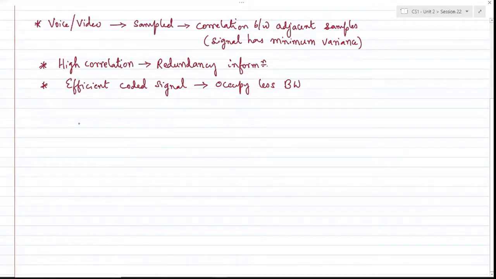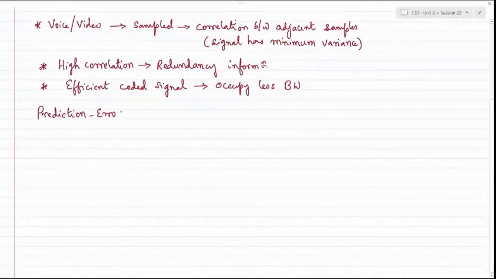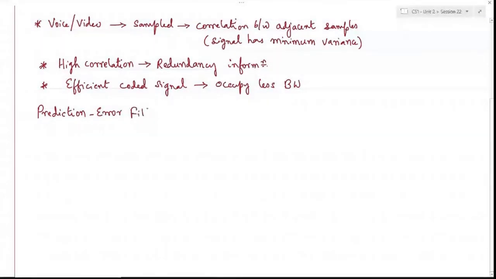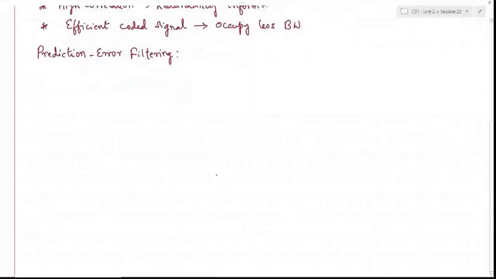But before moving on to that, we'll consider how this idea is involved in that particular system. Basically it involves a system known as prediction error filtering. It's a simple concept which is the heart of your next type of PCM system.